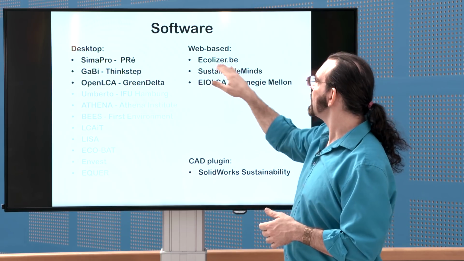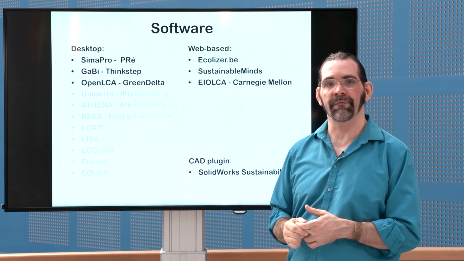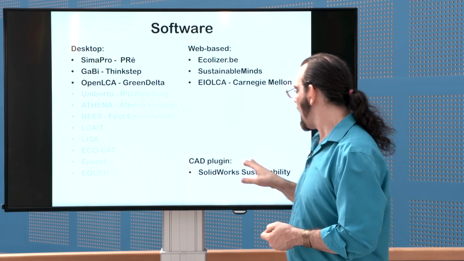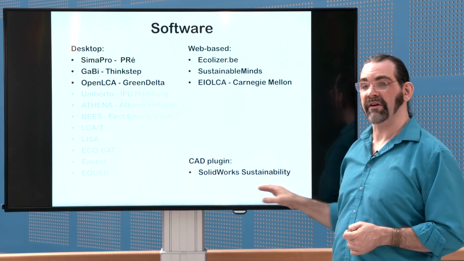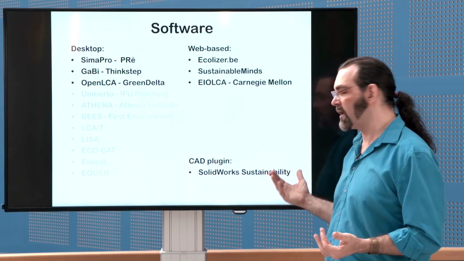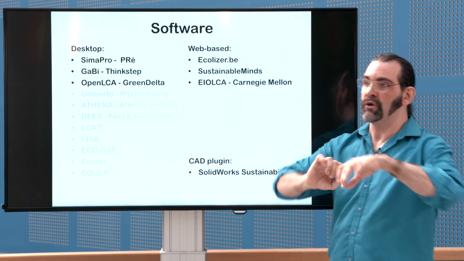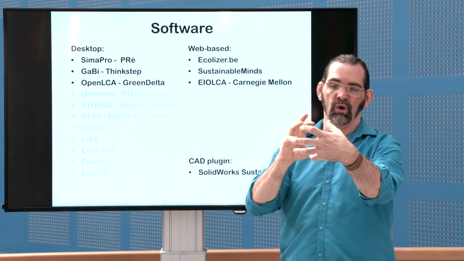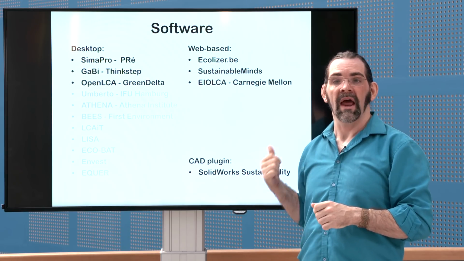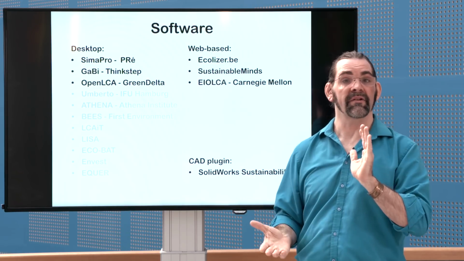But actually eQ is a free one that also has a very good interface as well. And some LCA software is actually built into CAD programs. So SolidWorks has a sustainability plugin where you just build your model in CAD and you assign the materials, and then you can click a button and it will do the analysis for you.